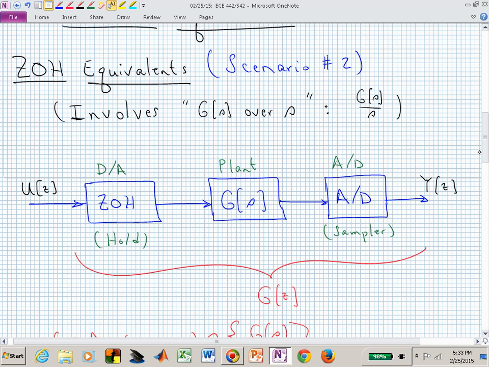and it's this scenario where you have a zero order hold device preceding your system that you're trying to discretize.